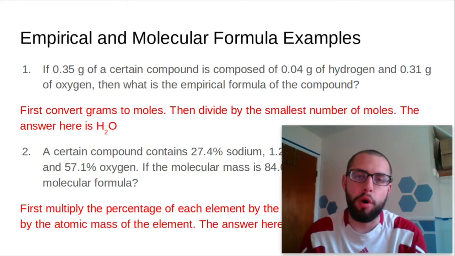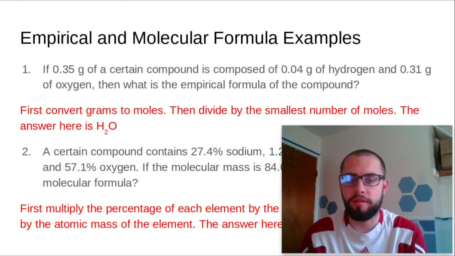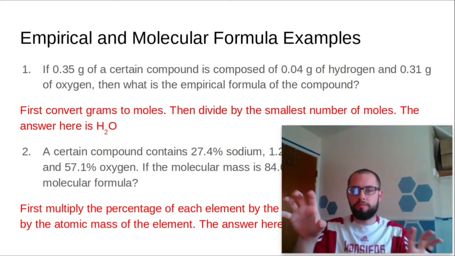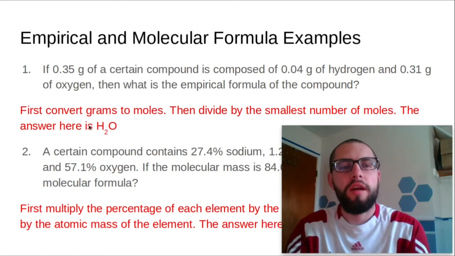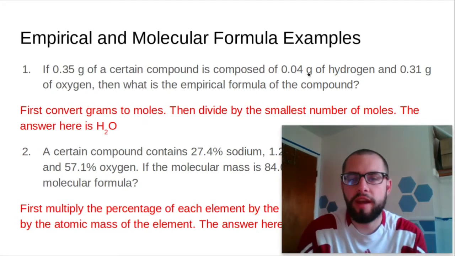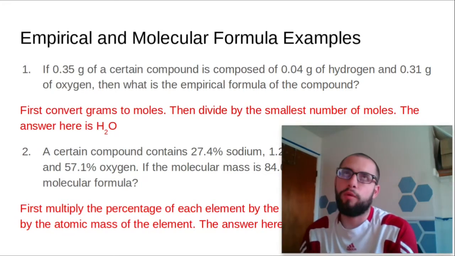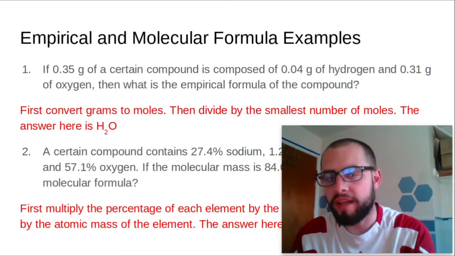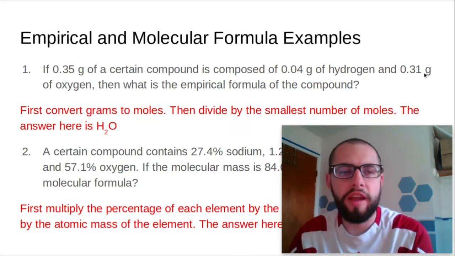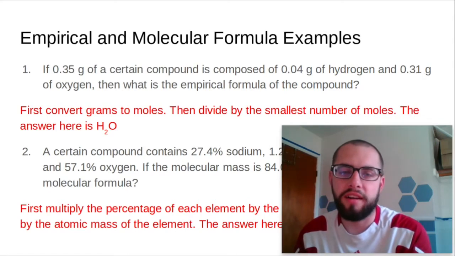Remember, we use that molar mass formula. Molar mass is equal to grams over moles. So the first thing I need to do is convert these grams into moles. I would take this 0.04 grams and I would divide that by the molar mass of hydrogen, which is about 1. And then I would take this 0.31 grams and divide it by the molar mass of oxygen.